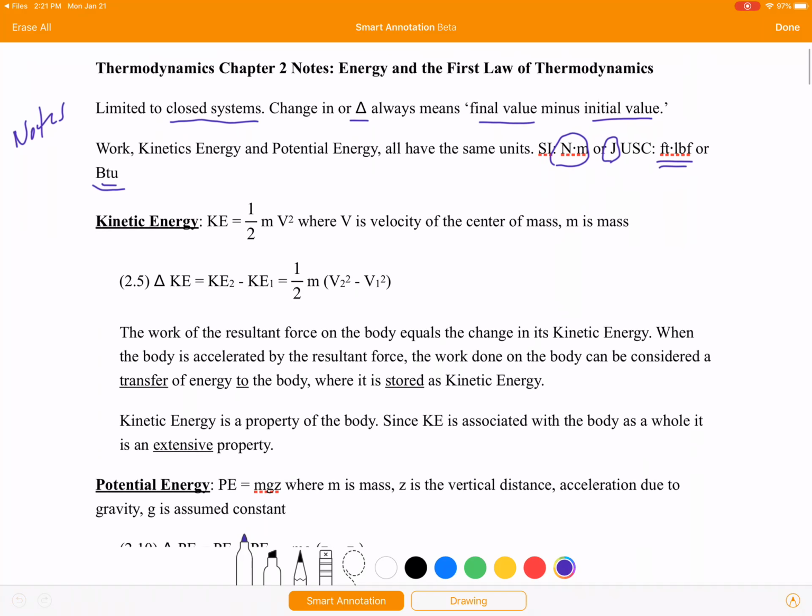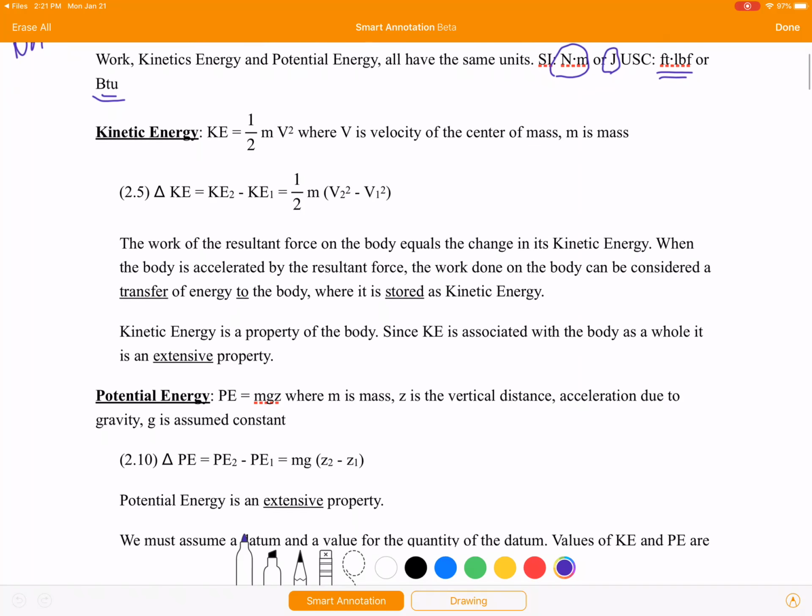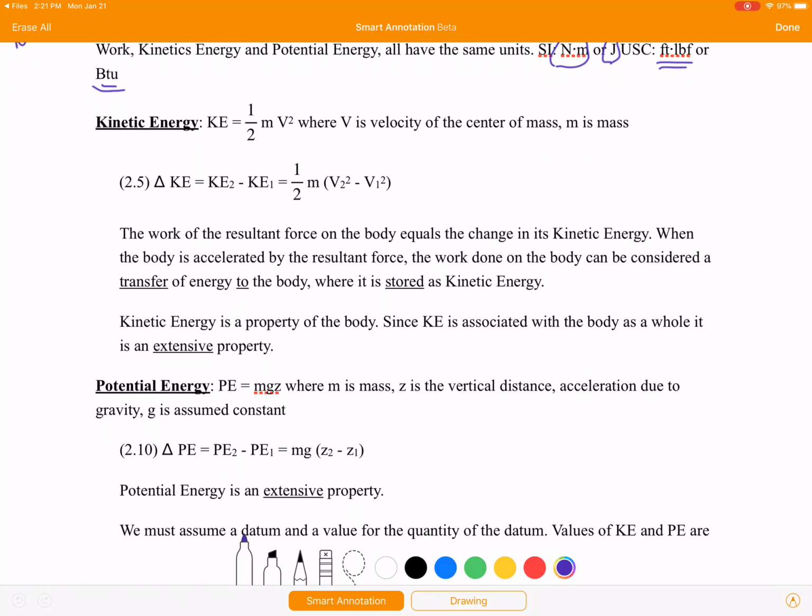So we start by talking about kinetic energy. Kinetic energy is equal to 1/2 mv squared, where v is the velocity of the center of mass of the object that is moving, and m is mass. So delta KE, the change in kinetic energy, is the kinetic energy at the second position minus the kinetic energy at the first position.